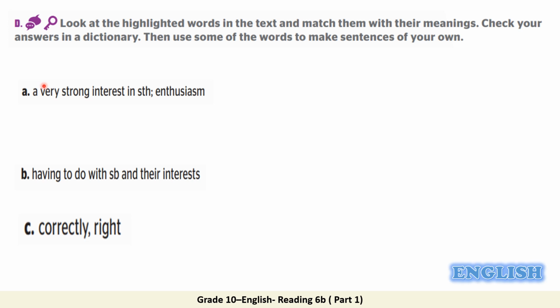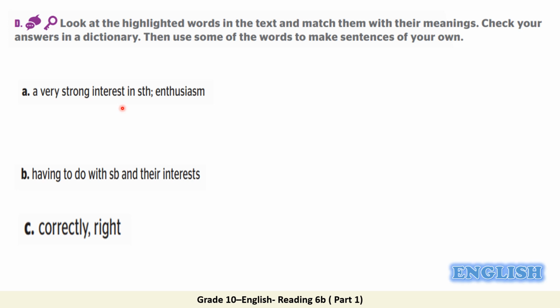So, you have 6 highlighted words in the text. Which one of them means a very strong interest in something? Enthusiasm. Pause, try to read through the text and figure out which words of the 6 ones you have means a very strong interest in something.